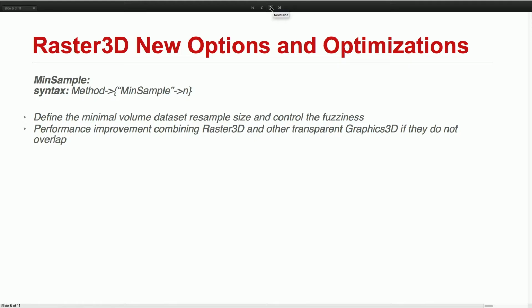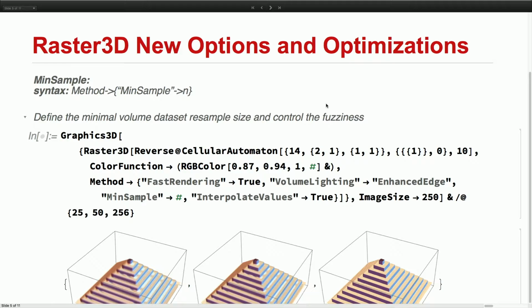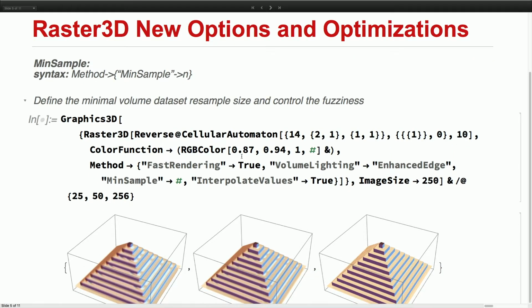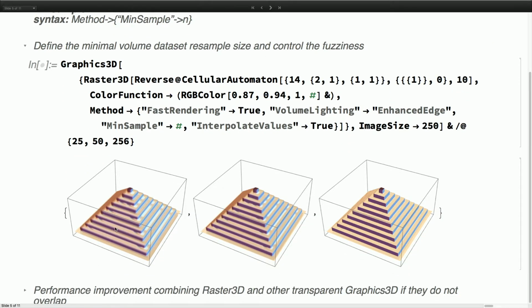So we have several optimizations and new options with Raster3D. The first one is sample. Sometimes you have very low resolution voxel data, and that will end up with a very blurry result, like this.